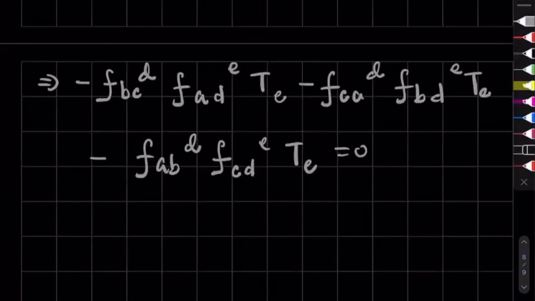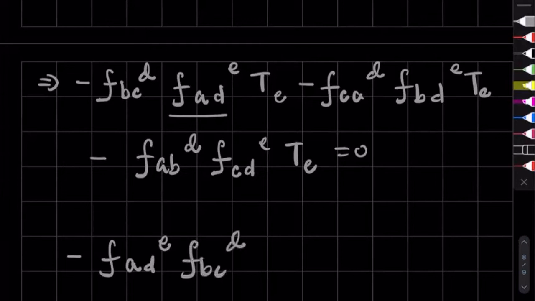So this means that we can write this thing as minus, let's just write this thing first, f_ADE f_BCD, and then minus, let's write this one first, f_BDE, and this one f. But when I write this, let me just exchange these two indices and change the sign here.